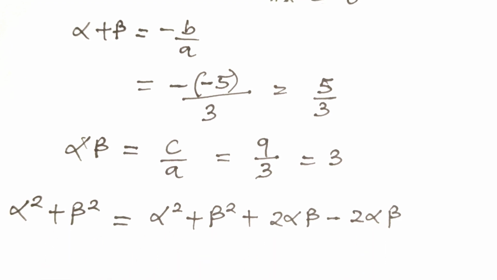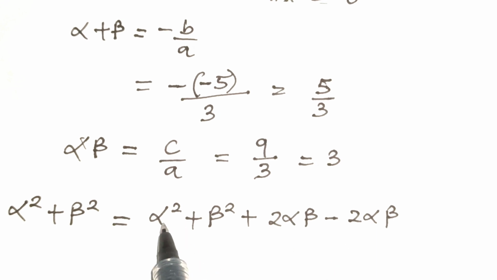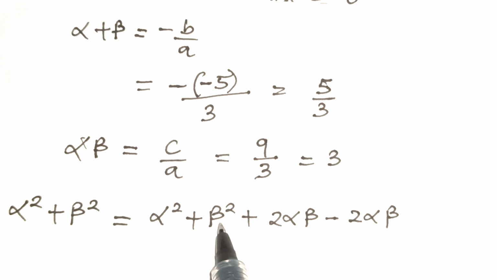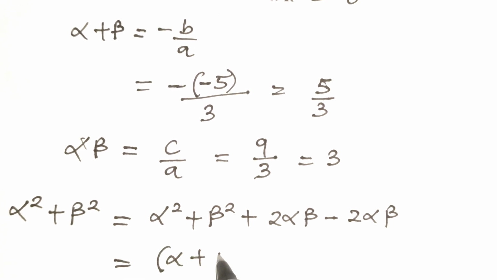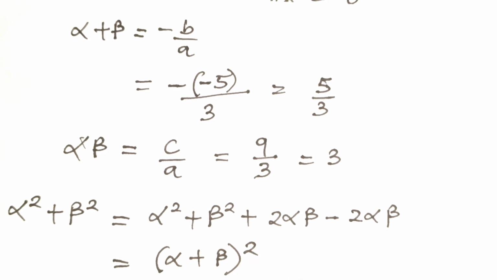But then I want you to see that alpha squared plus beta squared plus 2 alpha beta is the same as alpha plus beta all raised to power 2.